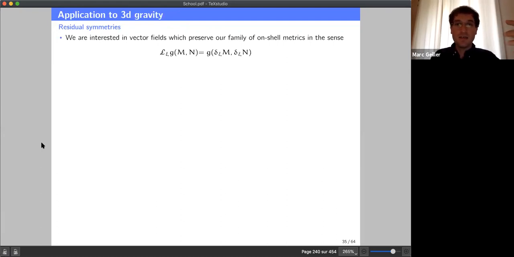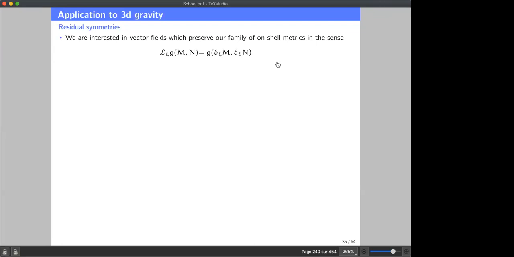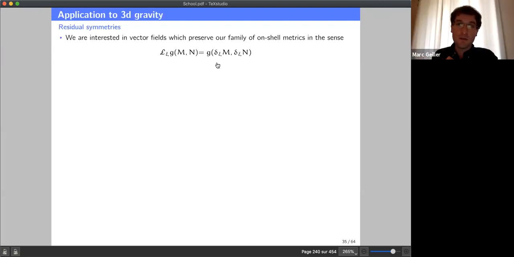Well, in which sense? We just wrote a family of on-shell metrics G, which are functions of two arbitrary functions, m and n. Now we want to look at those diffeomorphisms such that the Lie derivative acting on this metric produces once again a metric in this family of metrics. So again, a metric G with new parameters.